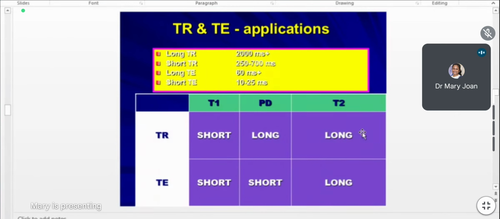So here is a table, or a matrix, of TR and TE with T1, T2 and proton density. For T1, TR is short; for PD, TR is long; for T2, TR is long; and TE for T1 is short, TE for PD is short, TE for T2 is long.